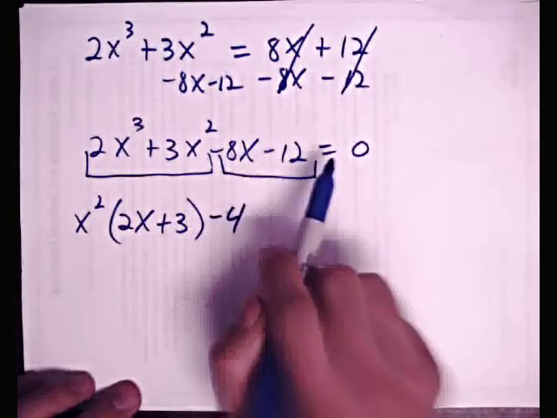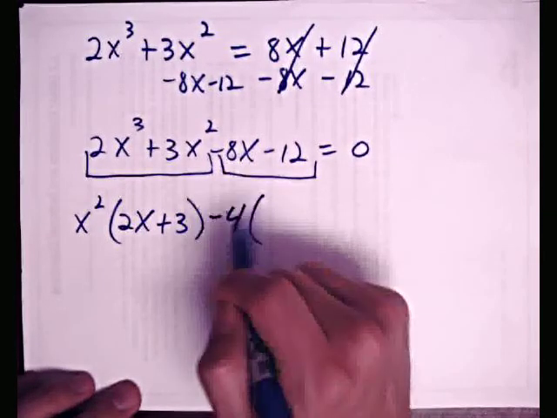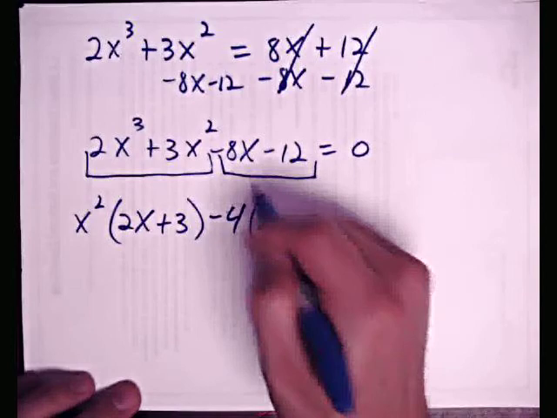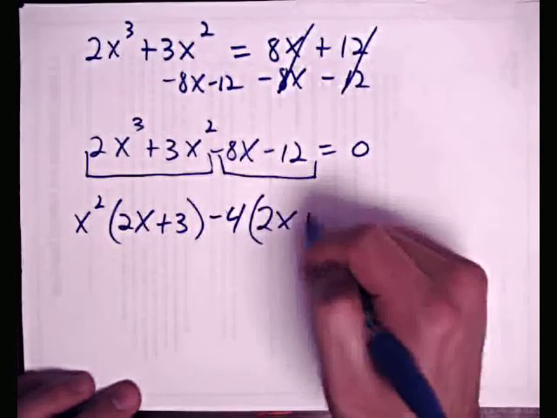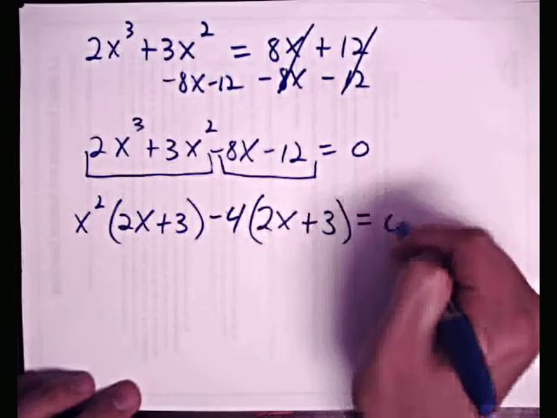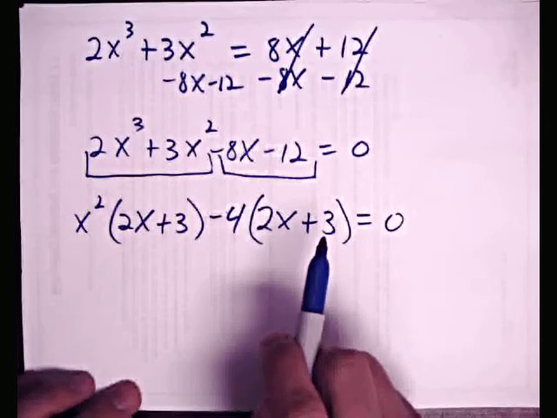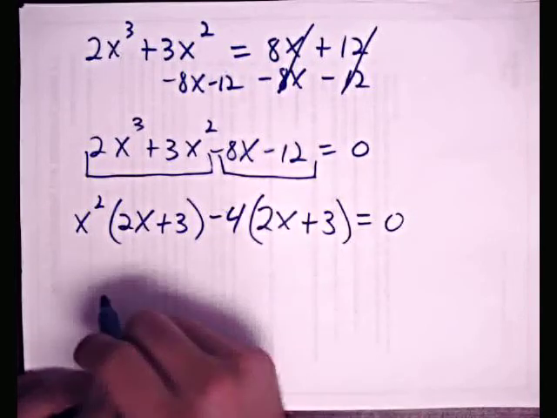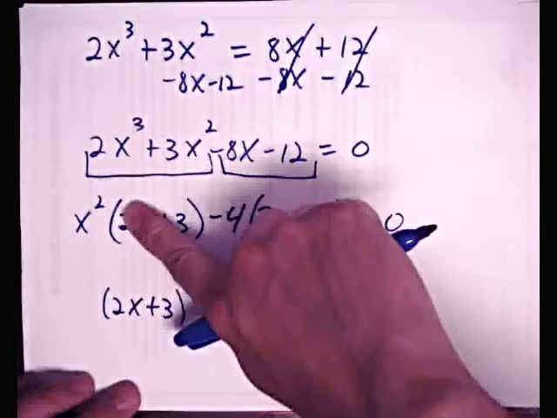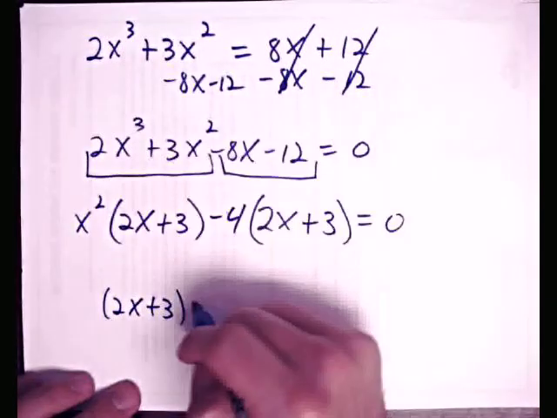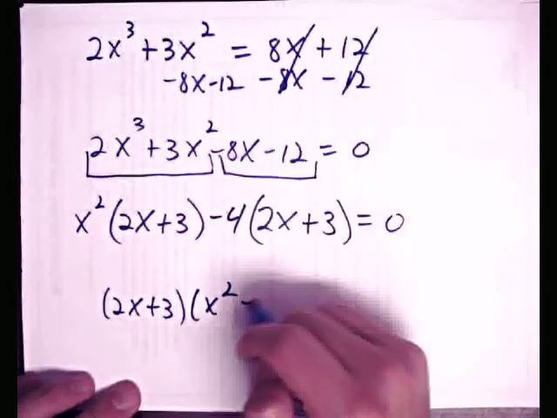Not both of them have x's, so we'll just factor out a negative 4. Negative 8 divided by negative 4 is positive 2x, and negative 12 divided by negative 4 is positive 3. Remember, the key for factoring by grouping is that these 2 groups should be identical. So now if I factor 2x plus 3 out to the front, I'm left with x squared and minus 4.